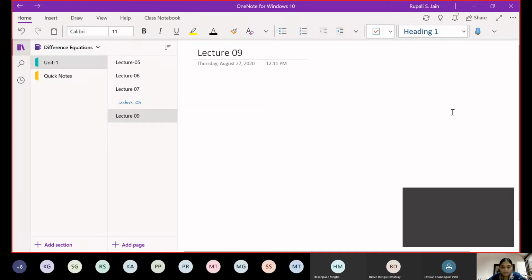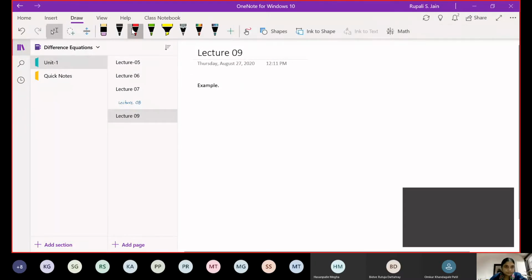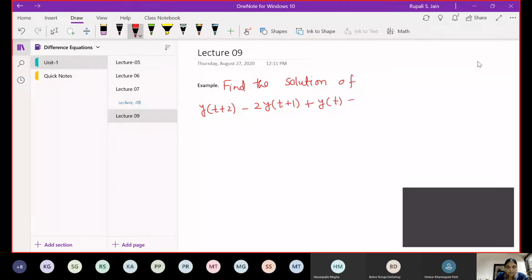So we will start with an example. Whatever theorem we will prove depends on that example. Find the solution of the difference equation y at t plus 2 minus 2 times y at t plus 1 plus y at t is equal to t to the 2 falling.